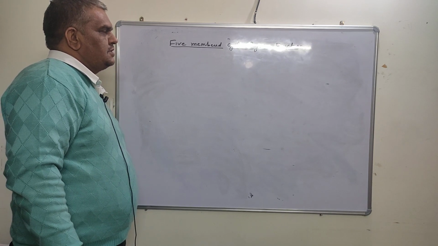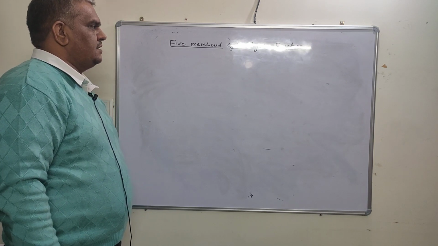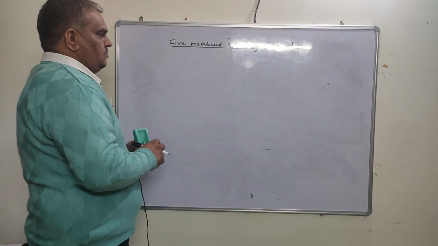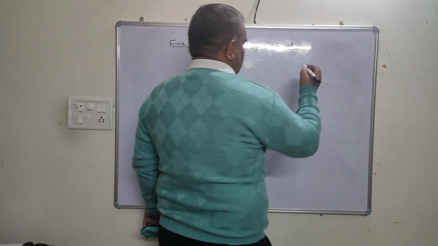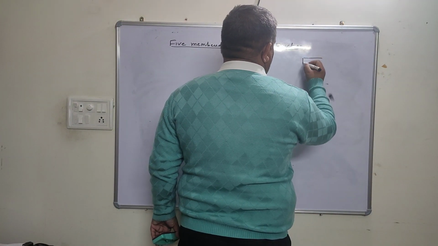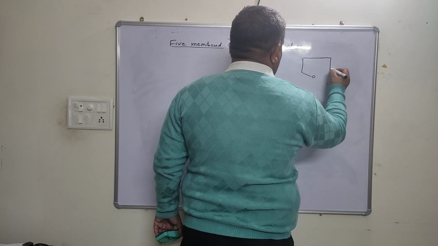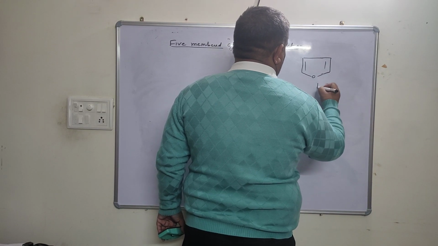The fructose exists in 5 membered cyclic ring structures. So 5 membered, this is the furan.